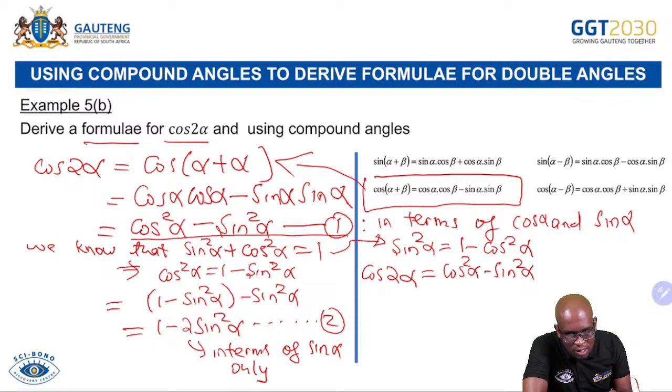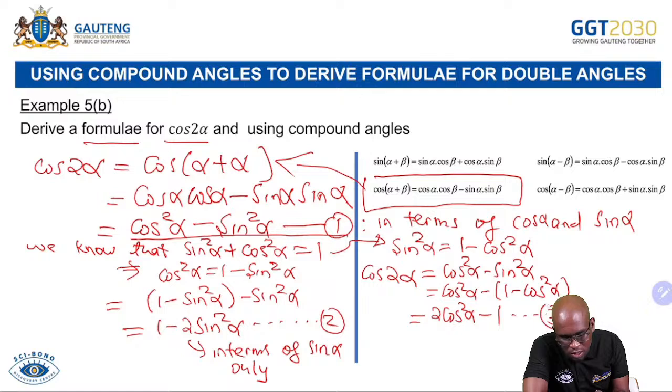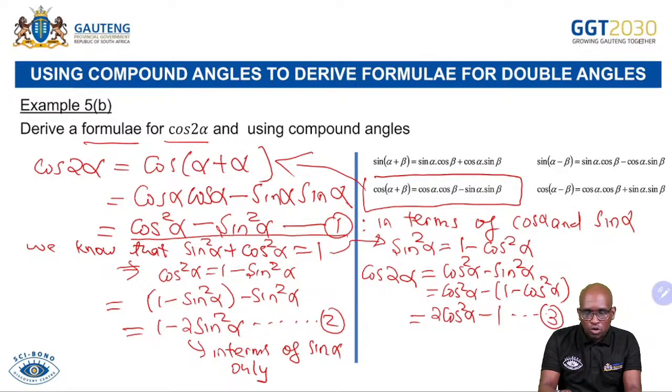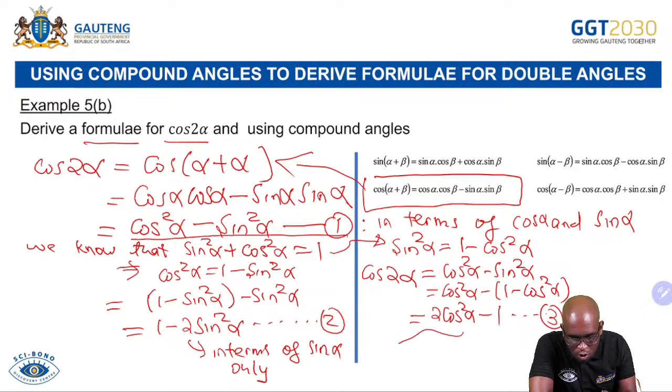So where we see sine squared alpha, we can write it as 1 minus cos squared alpha. So this will just simplify to 2 cos squared alpha minus 1, and that would be equation 3. So we've now derived the 3 equations for the compound angle for cos.